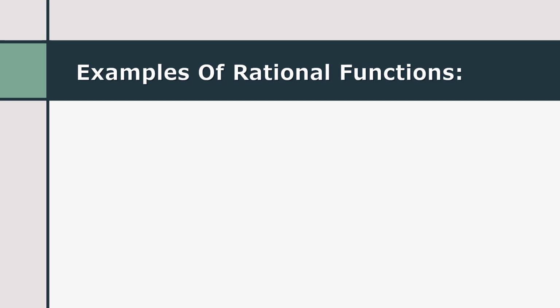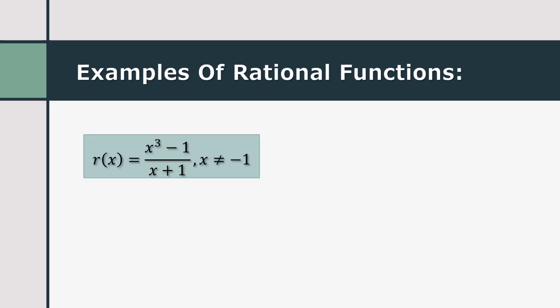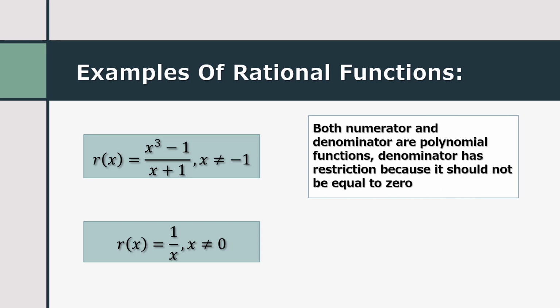Now let's have some examples of rational functions. We have the function r of x equals x cubed minus 1 divided by x plus 1, where x is not equal to negative 1. Another one is r of x equals 1 divided by x, where x should not be equal to 0. Now we can see that both numerator and denominator are polynomial functions.